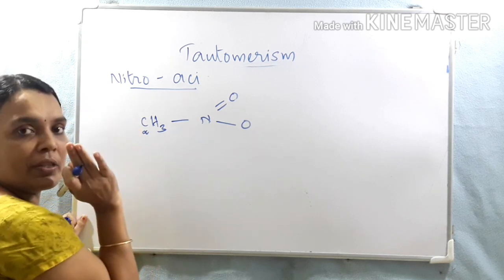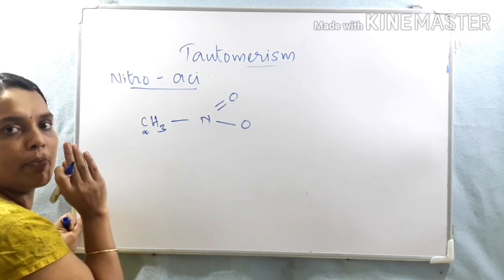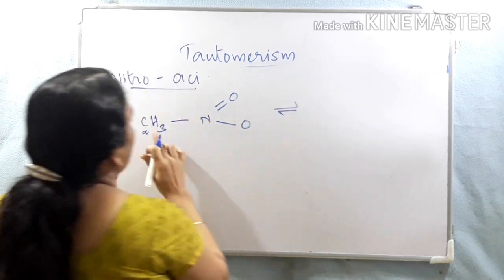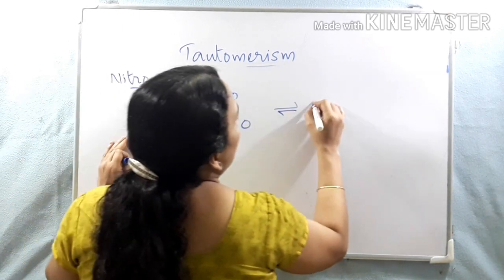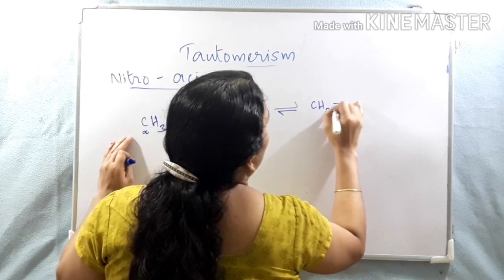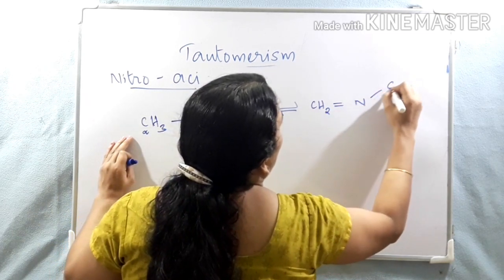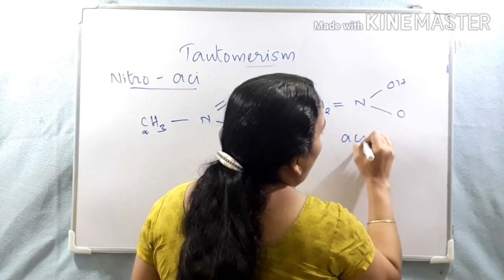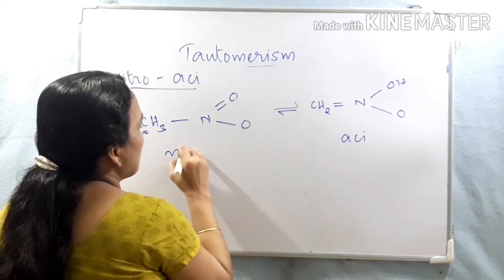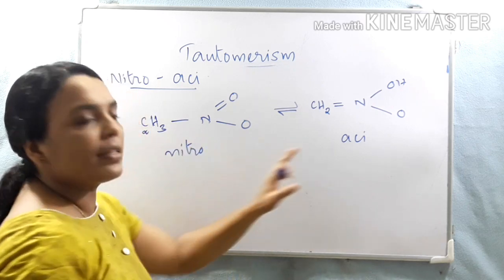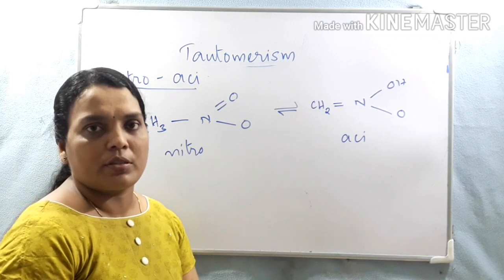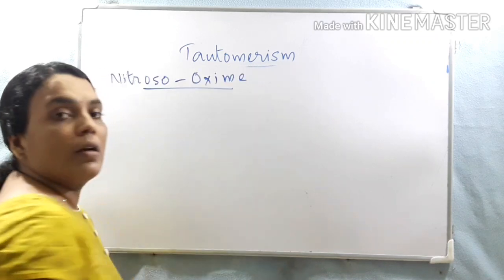This carbon is sp3 hybridized, so it can participate in tautomerism. So what will happen? This H plus ion is released from here. We have CH2 double bond N, O, OH. This group is called the acid form, and this is the nitro group. This is nitro-acid tautomers.